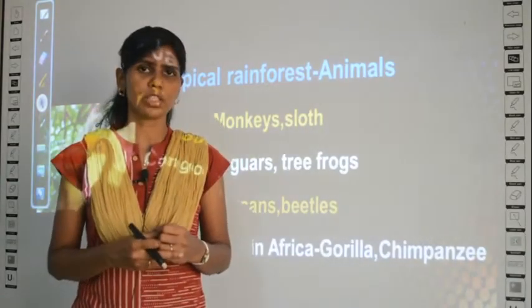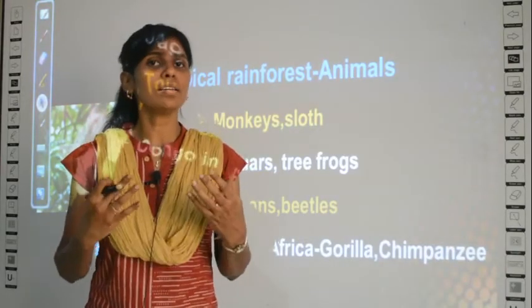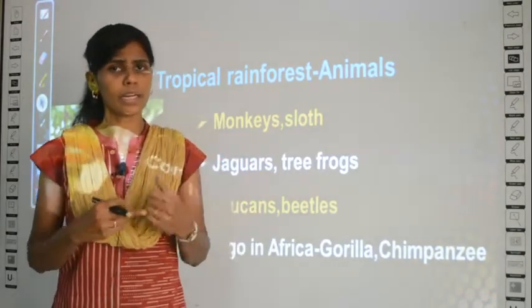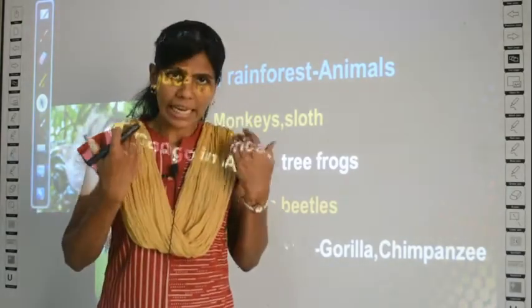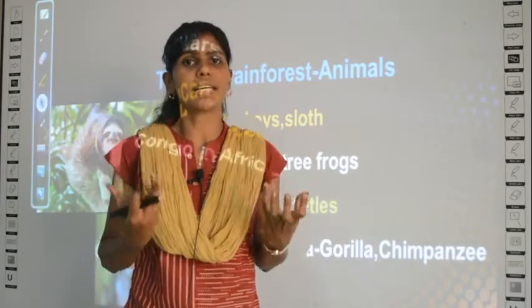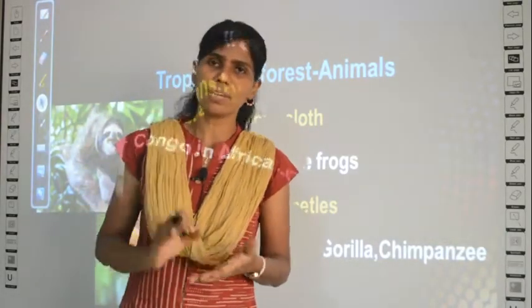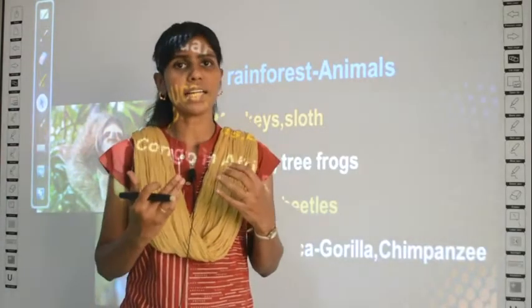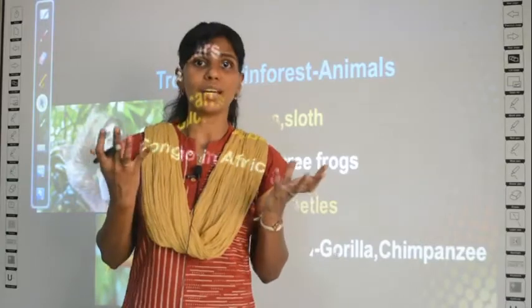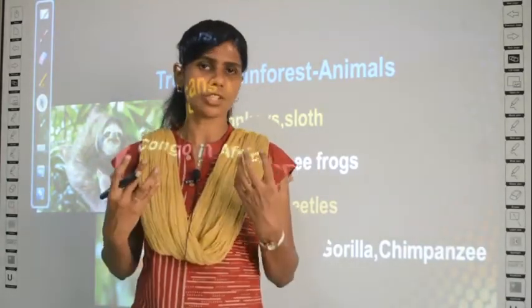What is adaptation? Suppose you are going to live in a place where the climate or any environmental condition is not normal, the plant or the animal will adapt itself, will change its nature so that it can survive in that environment. That is adaptation, right? So somehow the plant or the animal will change its nature or structure and live comfortably in that environment. That is called adaptation.